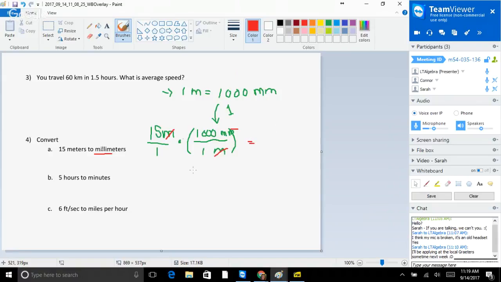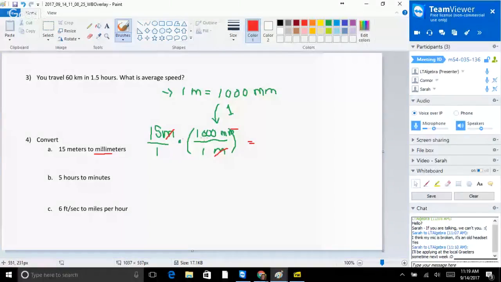So then really all that's left for me to do is actually do the math. I need to do 15 times 1,000, so 15,000. And then my units across the top, I'm just left with millimeters. And across the bottom is 1 times 1 and no units.